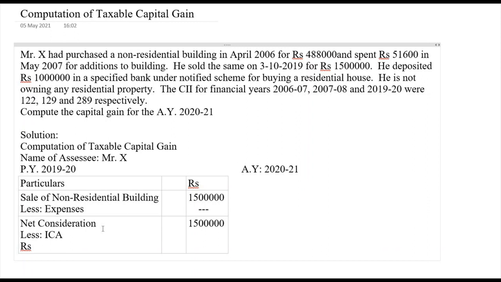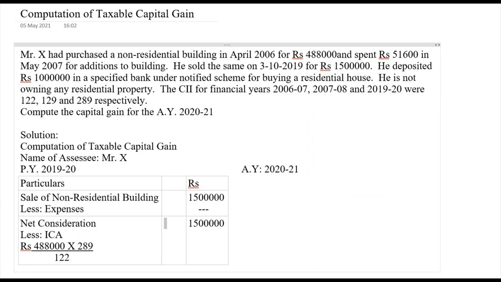Here the cost of acquisition is given as 4,88,000 multiplied by the price index for the year 2019-20 divided by the cost inflation index for 2006-07, which is 122.